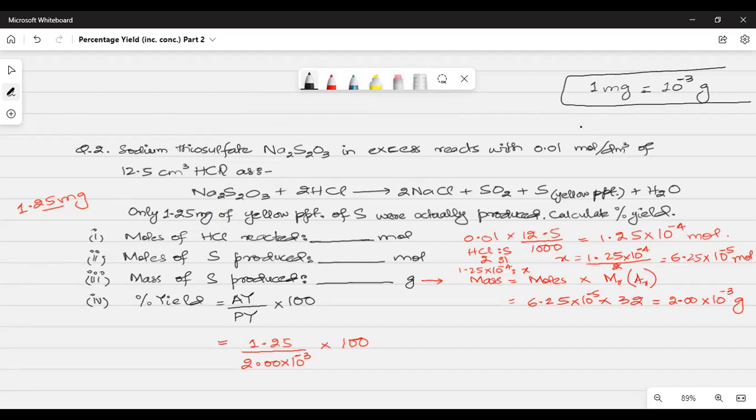So if that is so, what then? We would have to divide 1.25 with 10 raised to the power of -3.